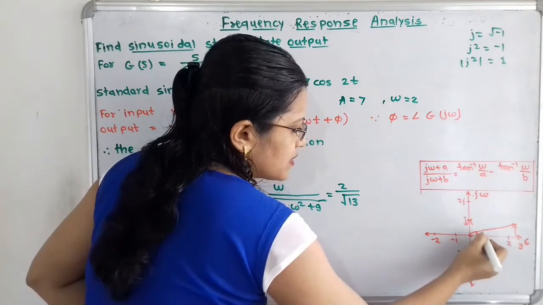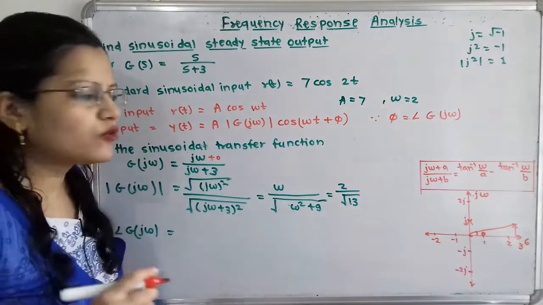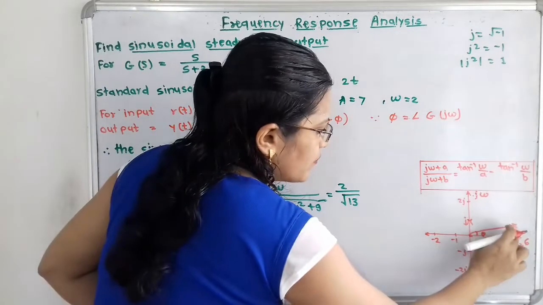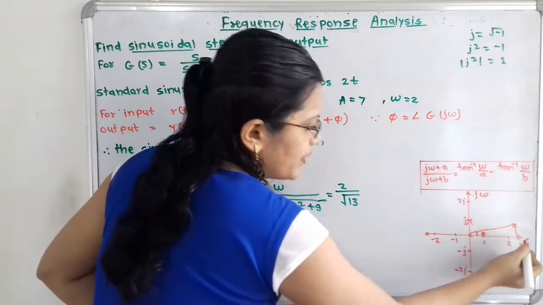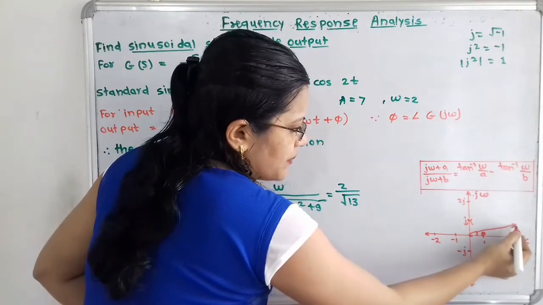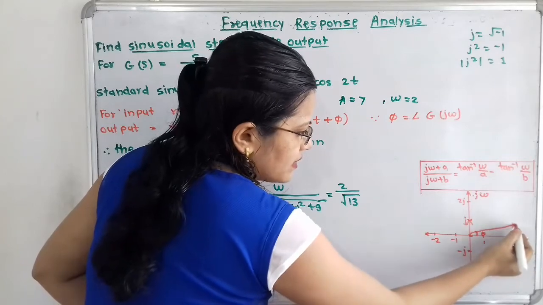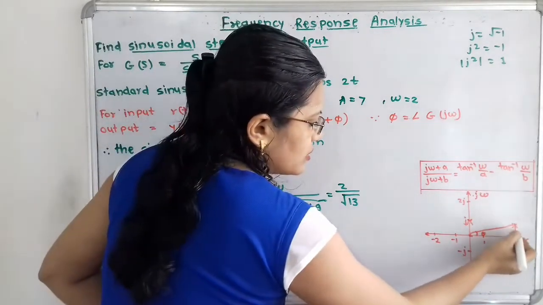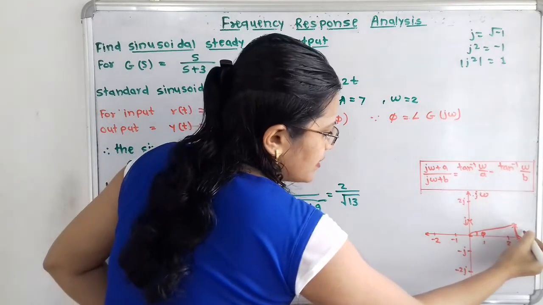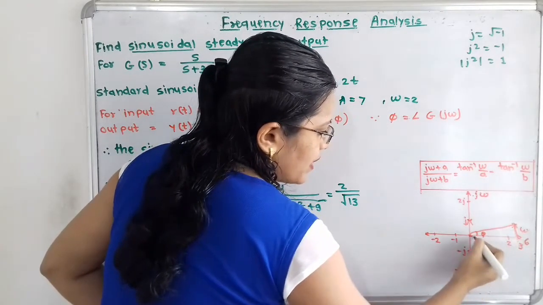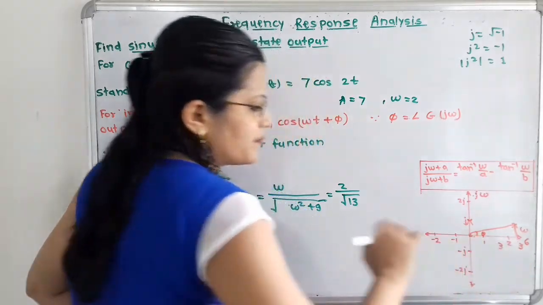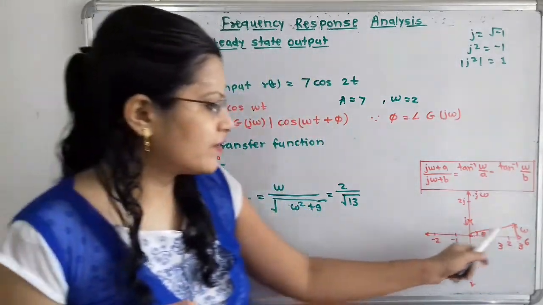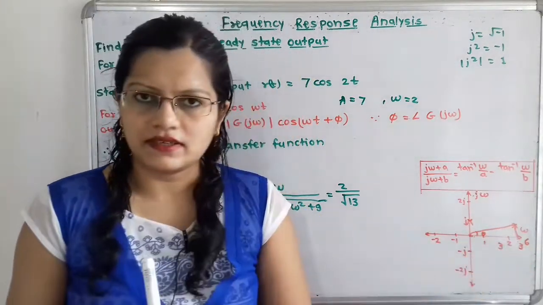Now I have to measure this angle theta. If I draw a vertical line through this point and join 3, then this is a right angle triangle. This vertical length is omega and this horizontal length is 3. So tan theta is equal to omega by 3.